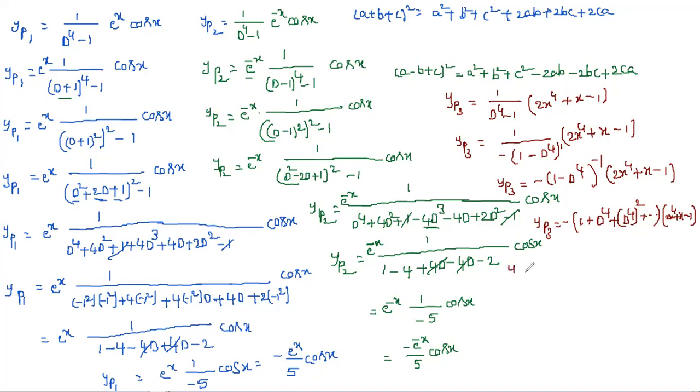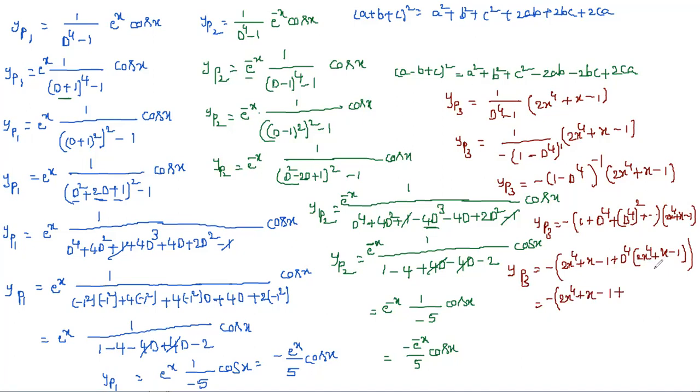So for that, what about the remaining? yp3 is equal to minus of, we can multiply this, (2x power 4 plus x minus 1) plus D of (2x power 4 plus x minus 1), and so on, up to D power 4 derivative. You need to apply them.